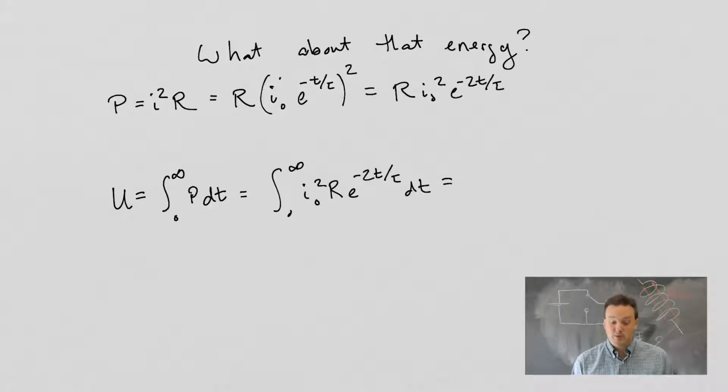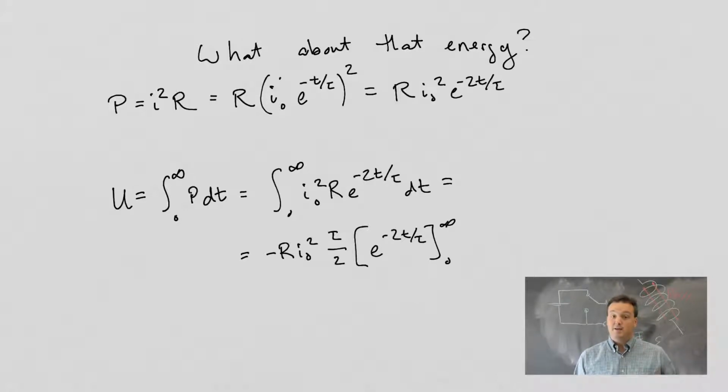Well, this is an integral that is pretty easy to do. It's pretty easy to do a u substitution on this, and I get that this is equal to minus R I naught squared tau over 2, and now I have e to the minus 2t over tau evaluated from 0 to infinity. Evaluating e to the minus infinity is really nice.